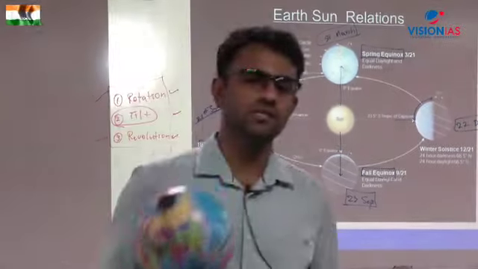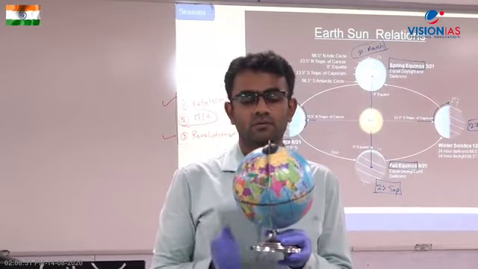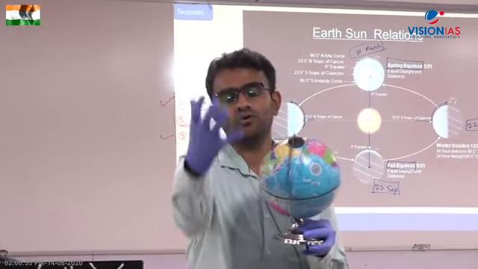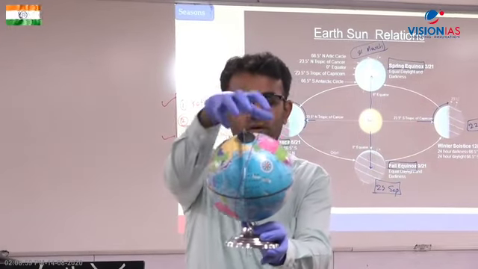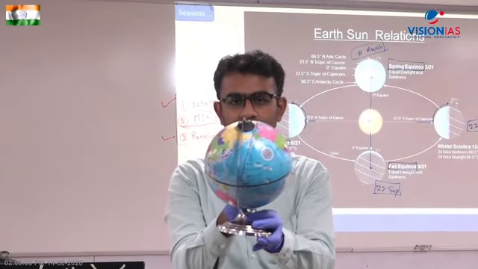Now I will show you again. Suppose you are the sun. Let's assume that you are viewing as the sun. Comparatively, which hemisphere is closer to you, and which hemisphere is away from you in this position? The northern hemisphere is towards you, the southern hemisphere is away from you. Can you see?